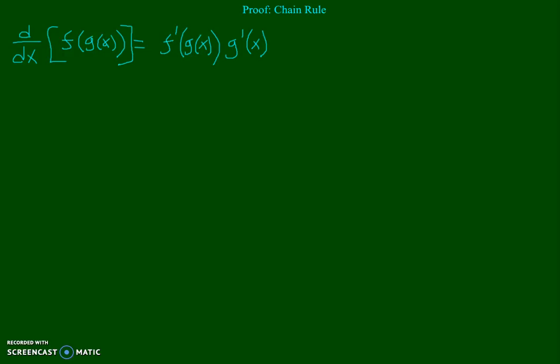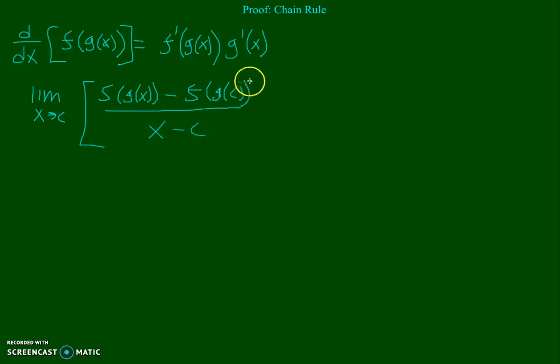And the alternative form is going to give us the limit as x approaches c of the quantity f of g of x minus f of g of some constant c over x minus c.